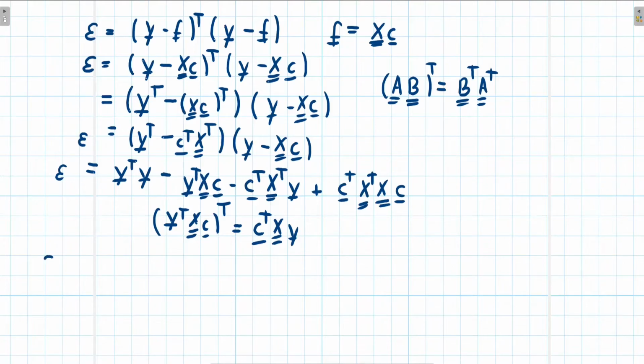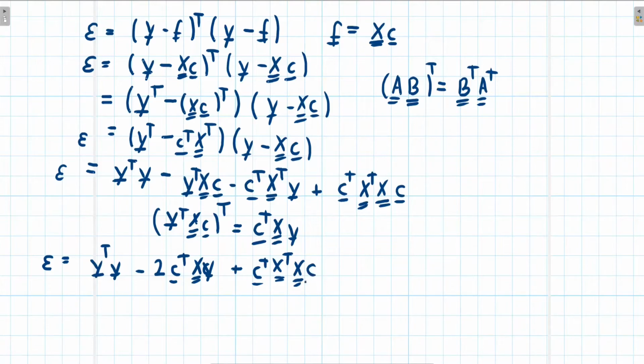So we can simplify the equation like this and end up with the final form for epsilon: y transpose y minus 2 c transpose X transpose y plus c transpose X transpose X c. So this is our final expression for epsilon. I'm just going to highlight that so you know what we have.